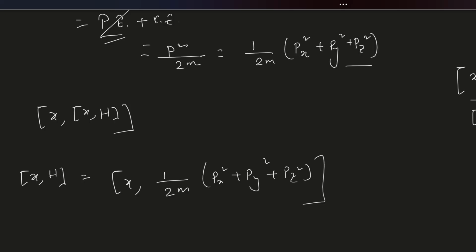Similarly, what is [px, x]? It will be simply minus i h cut, and [py, x] will be also 0, and [pz, x] will also be 0.